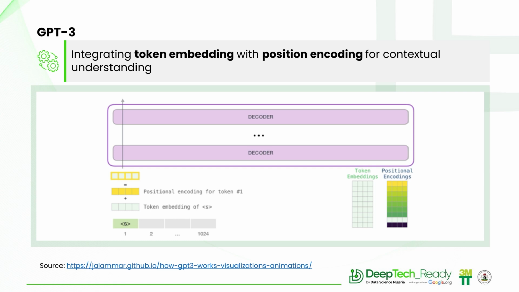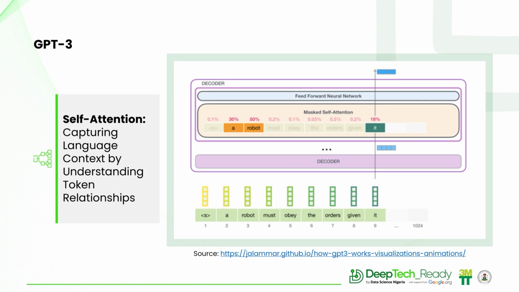Now consider the sentence, "A robot must obey the orders given it." In this sentence, understanding words like "it" and "orders" requires knowledge of the context, which is where GPT-3's self-attention mechanism comes into play. Self-attention allows the model to assess how each word in a sentence is related to others, even if they are far apart.